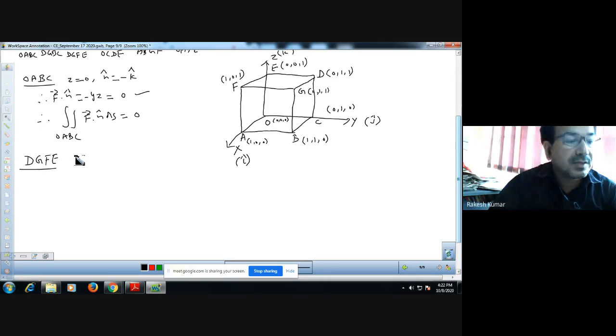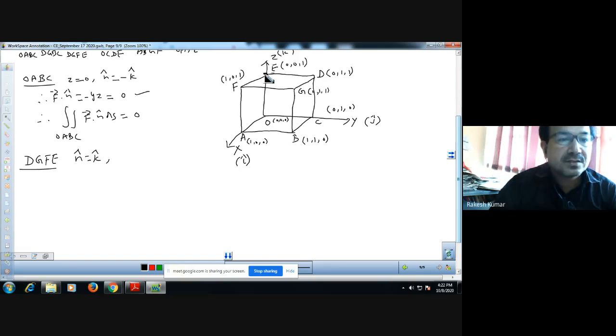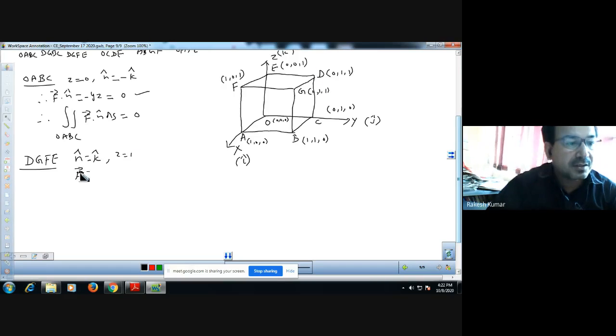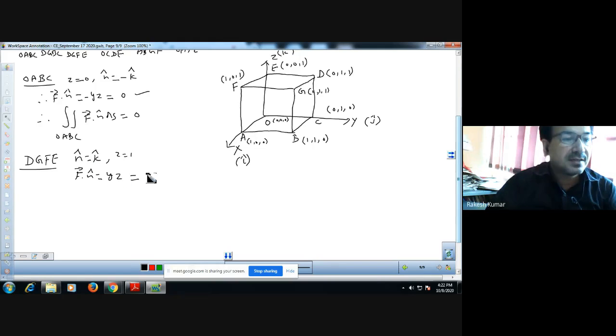So along z-axis your unit vector is k cap, and this is the face which is involving this point E, and at point E z is equal to 1. You can check. So what is the f dot n cap? This should be y into z after taking the dot product. And what is the z? That is 1. So it comes out to be y.